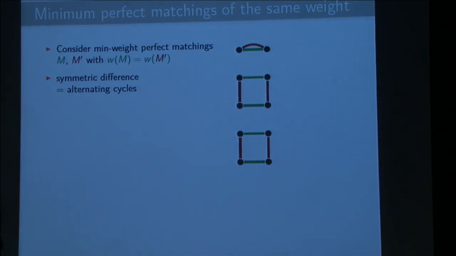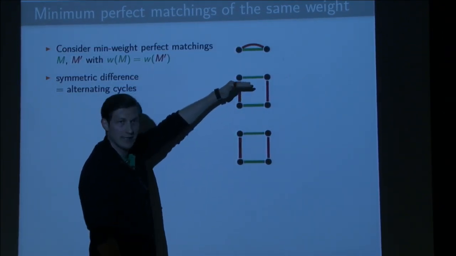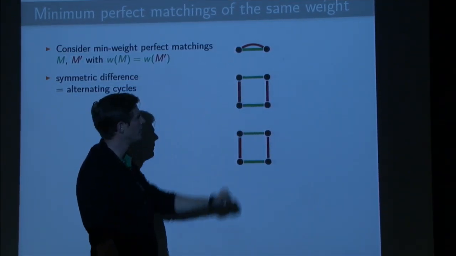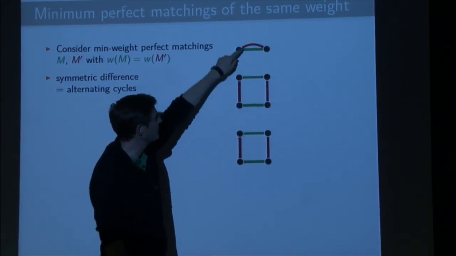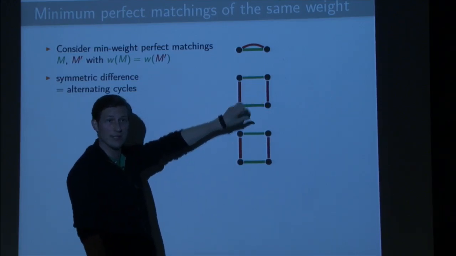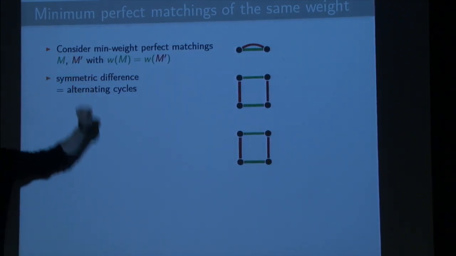So what I'm saying, sorry, let me say that if the weight of the red edges were less than the weight of the green edges, I could always take the green matching everywhere else. So I take this green matching, but then I could take a better choice here, leading to a smaller weight than the green matching. This is a contradiction, right? Because I started off with two matchings of minimum weight.